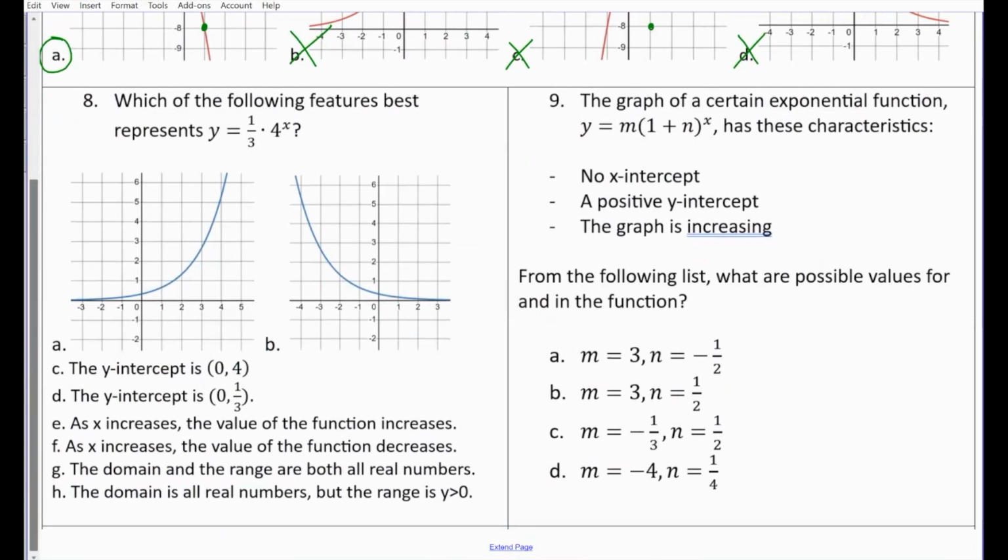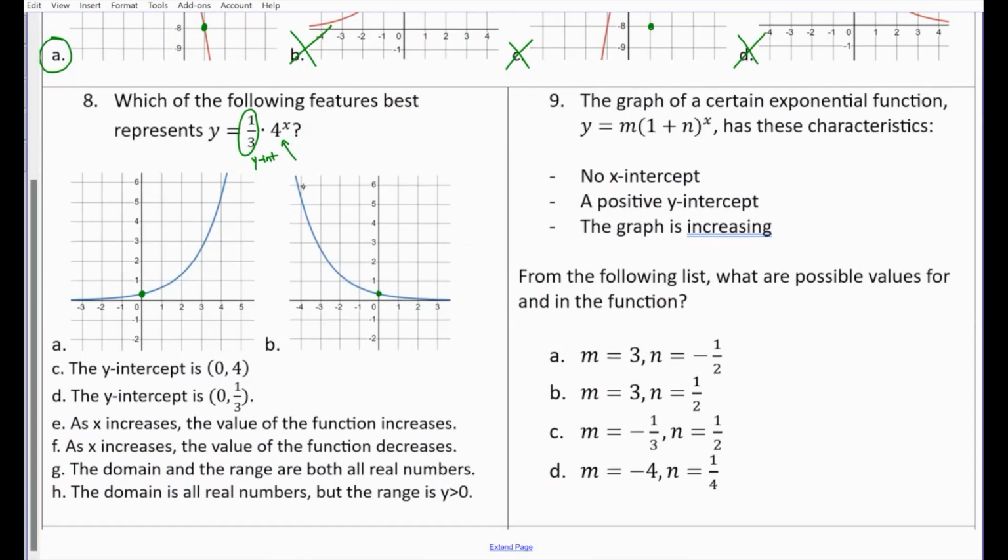Okay, which of the following features best represents y equals 1 over 3 times 4 to the x power? So the y-intercept is 1 over 3. Now that should be somewhere between 0 and 1. Well, they both have a y-intercept of about 1 over 3. So my important part here is going to be my common ratio.